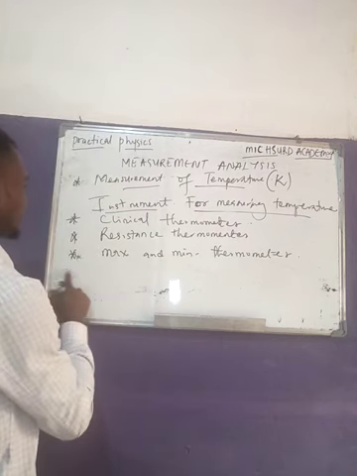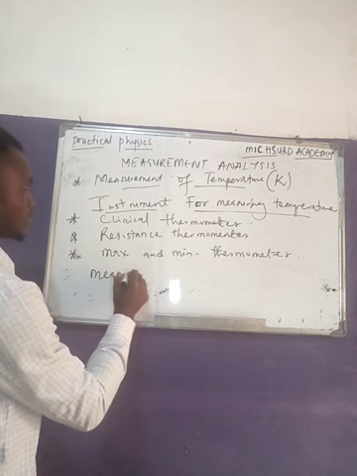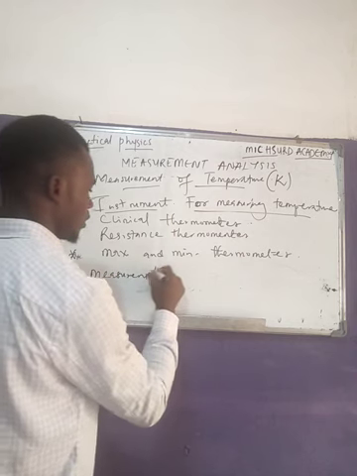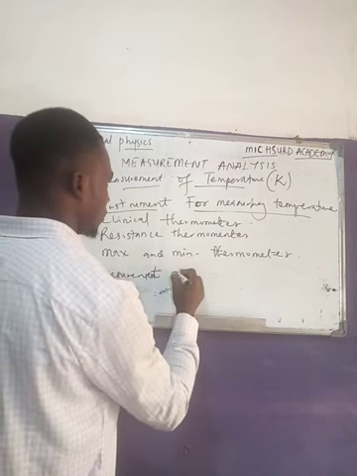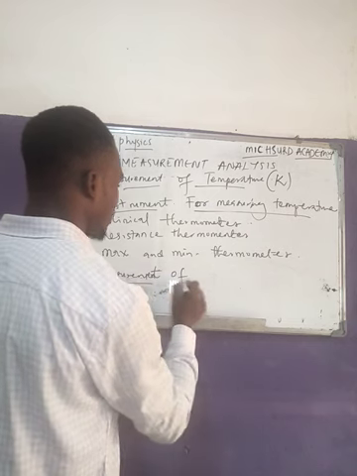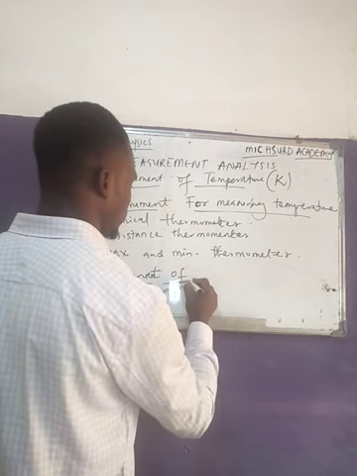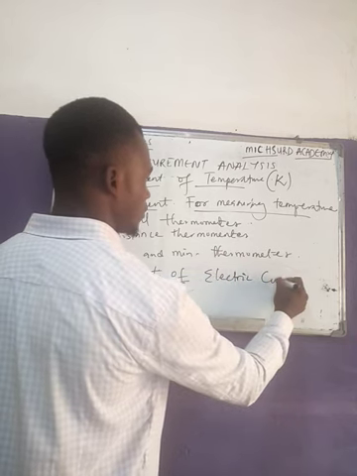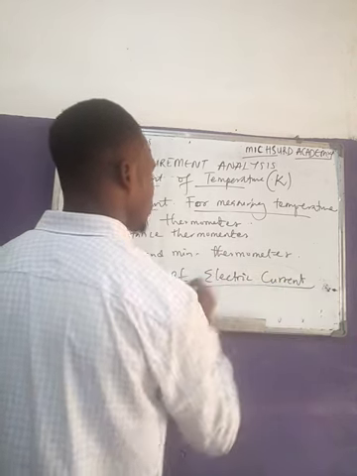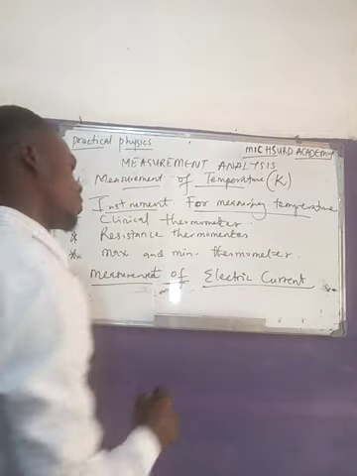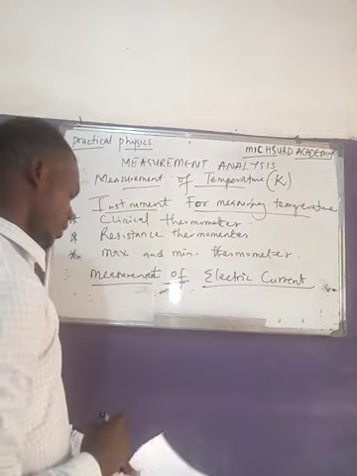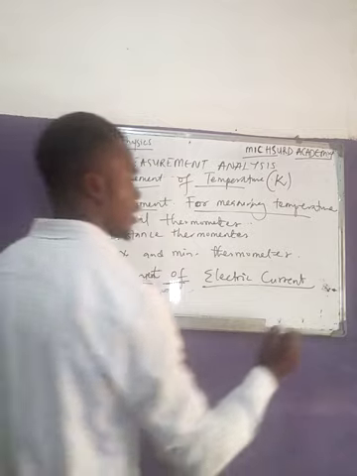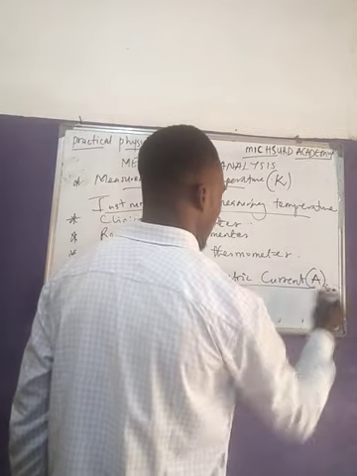Another measurement quantity is the measurement of electric current. In the measurement of electric current, the SI unit for current is the ampere.